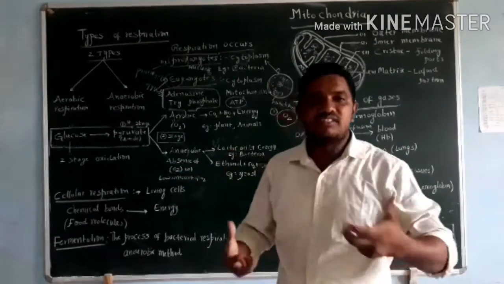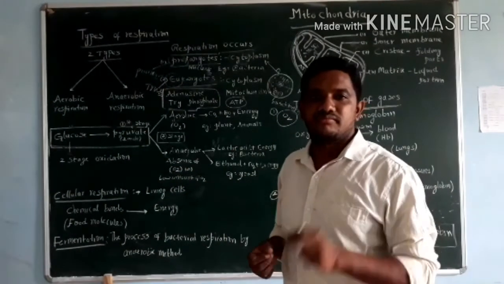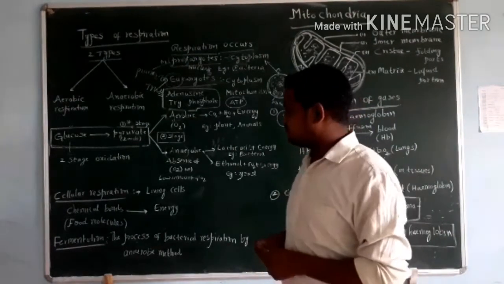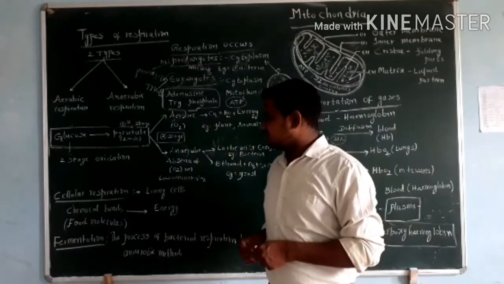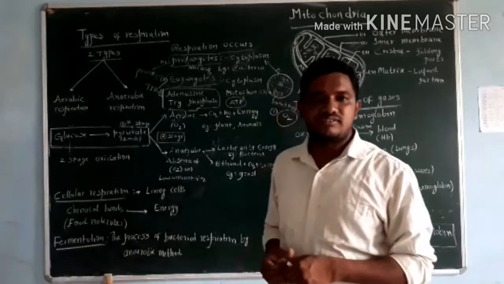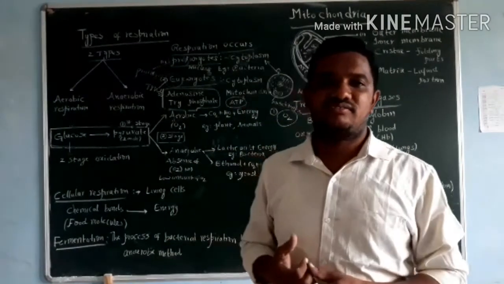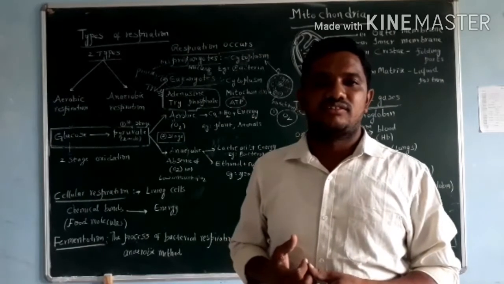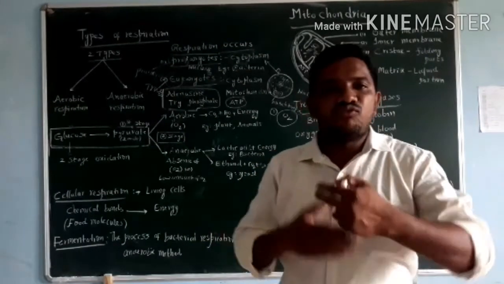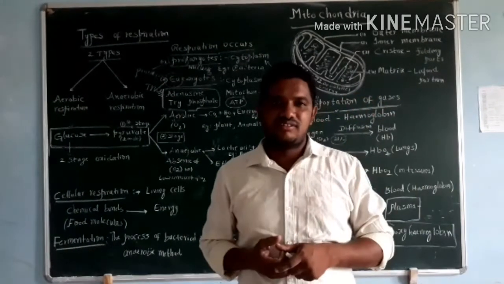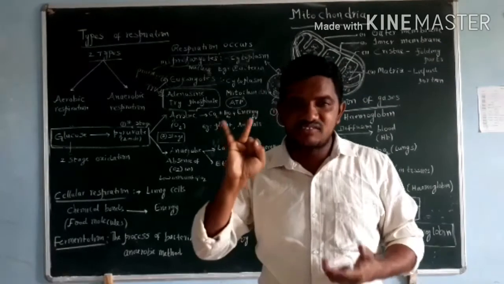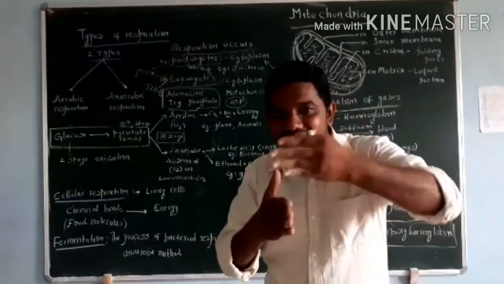How is energy produced? When oxygen molecules are added to the food, all food materials break down, like carbohydrates, proteins, fats are oxidized.